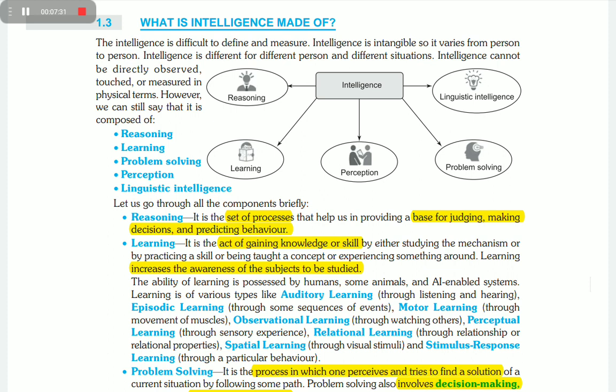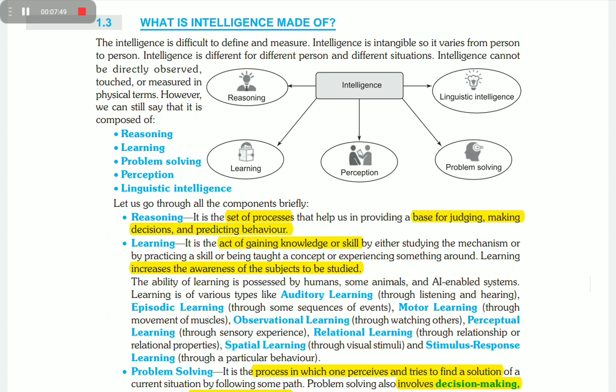Learning. It is the act of gaining knowledge or skill by either studying the mechanism, or by practicing a skill, or being taught a concept, or experiencing something around. Learning uses the awareness of the subjects to be studied.